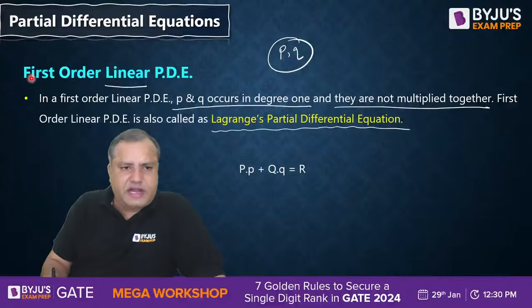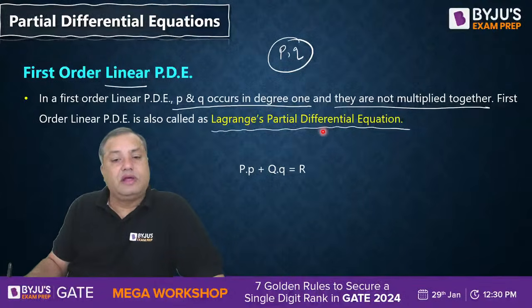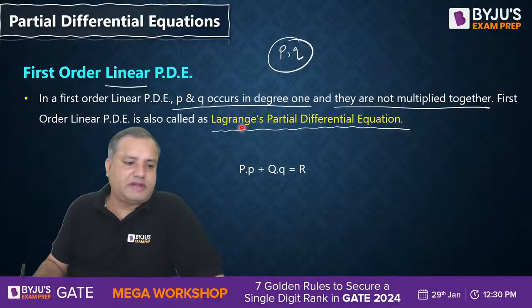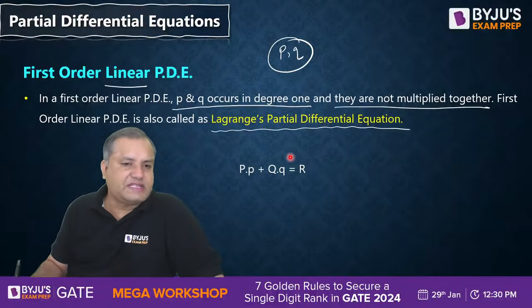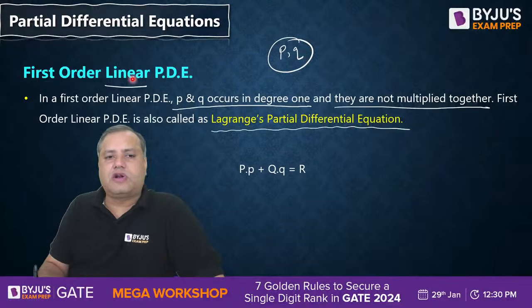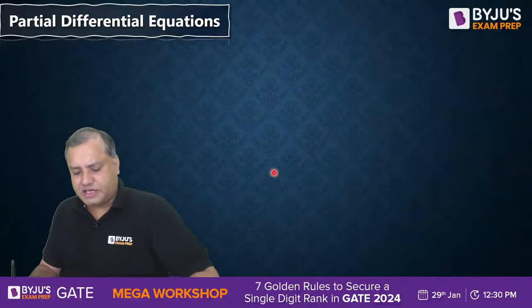So this first order linear equation is also known by the name Lagrange's, because Lagrange was the mathematician who proposed this differential equation. On your screen you can see the general format for Lagrange's differential equation. It is first order linear. Listen carefully.